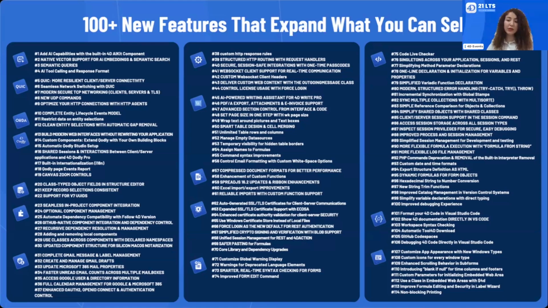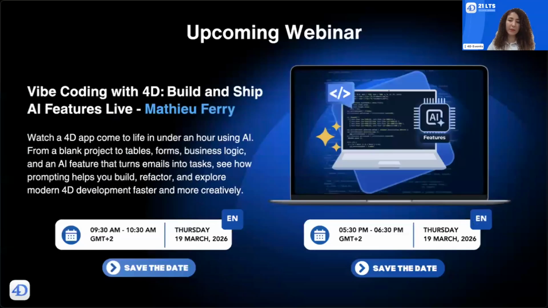Each of those additional capabilities represents new room to grow your application, respond to new requirements, and strengthen your commercial positioning. It means more problems you can solve, more value you can deliver, and most importantly, more reasons for your customers to continue investing in your solutions. So when we talk about 4D21 LTS, we are not talking about incremental improvements. We are talking about expanding what you can confidently offer to the markets. And that is the bigger picture behind this release.